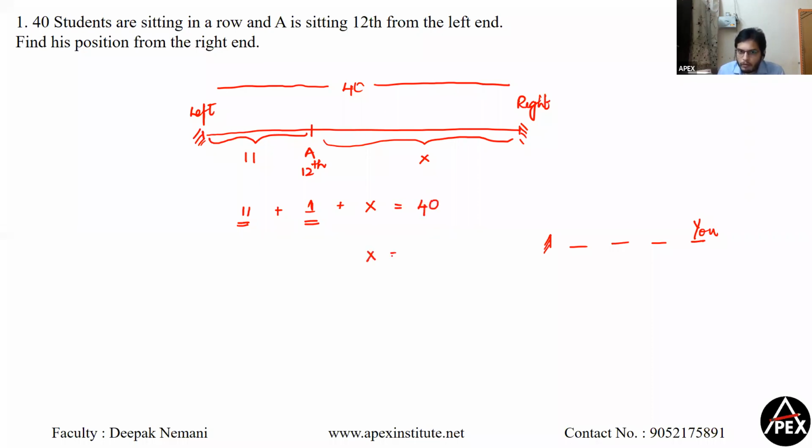So X is equal to 40 minus 12, 28. So we have 28 students sitting to the right of A. So what is A's position from the right hand? It will be 29th, guys. A will be 29th from the right hand. Perfect. So 29 is the right answer.